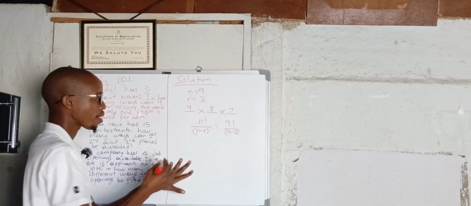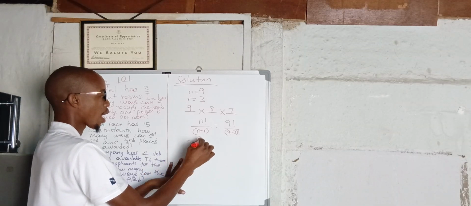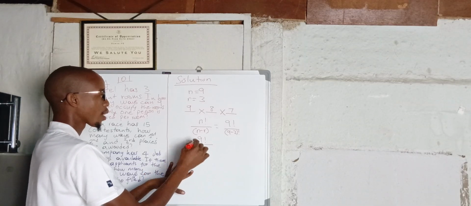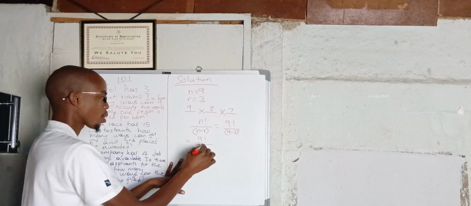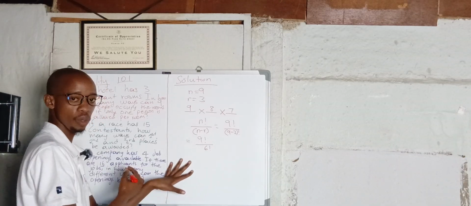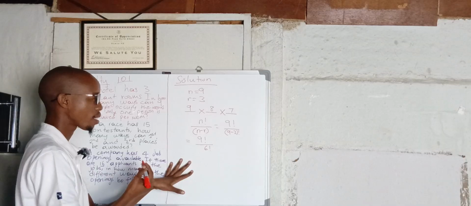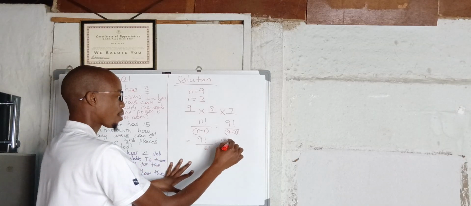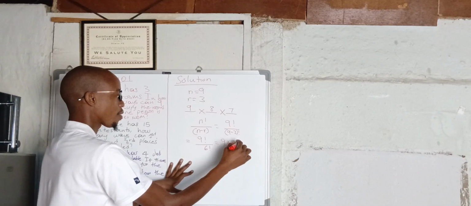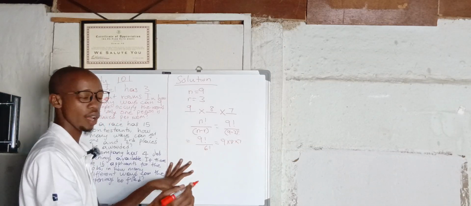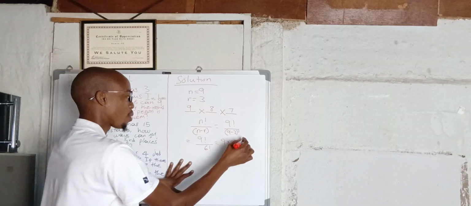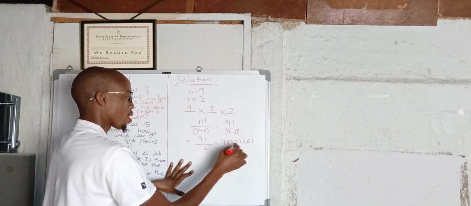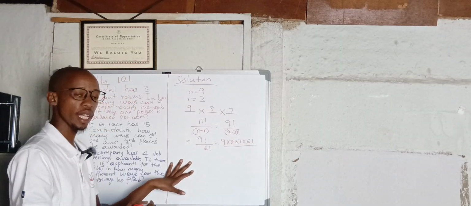We need to simplify this, of course. We will end up saying 9 factorial in the numerator, and 9 minus 3 is going to give us 6 factorial. Let's also simplify it. I will say 9 multiplied by 8 multiplied by 7, then from 7 going downwards we can write it as 6 factorial. In the denominator, what do we see?